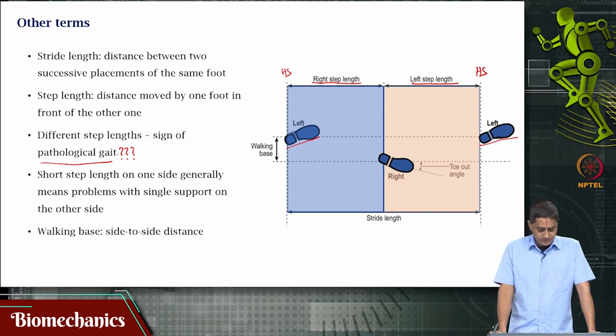Okay. Also, sometimes there is a tendency for people to take short step lengths on one side and with single support on the other side. Generally it means there are some problems with single support on the other side, and also side to side distances sometimes may vary depending on the particular type of walking that is being used.